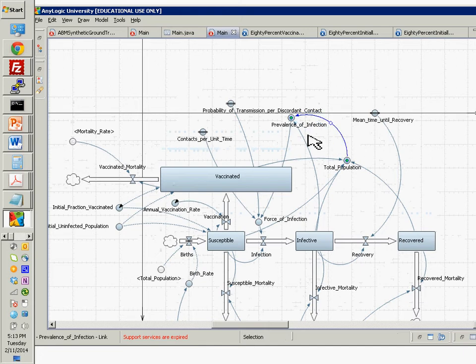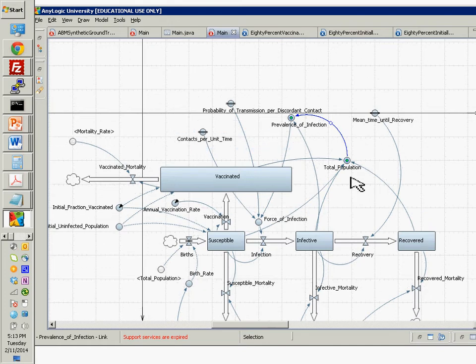So now we see that the prevalence of infection depends on the total population. So if you have lots of people in the vaccinated stock, the larger the number of people who are vaccinated, the what of the prevalence of infection? The smaller prevalence of infection will tend to be for the same number of infectious people. And that makes all the difference when it comes to the force of infection. Because now each infective is going to be surrounded by more and more people they can't infect, right?